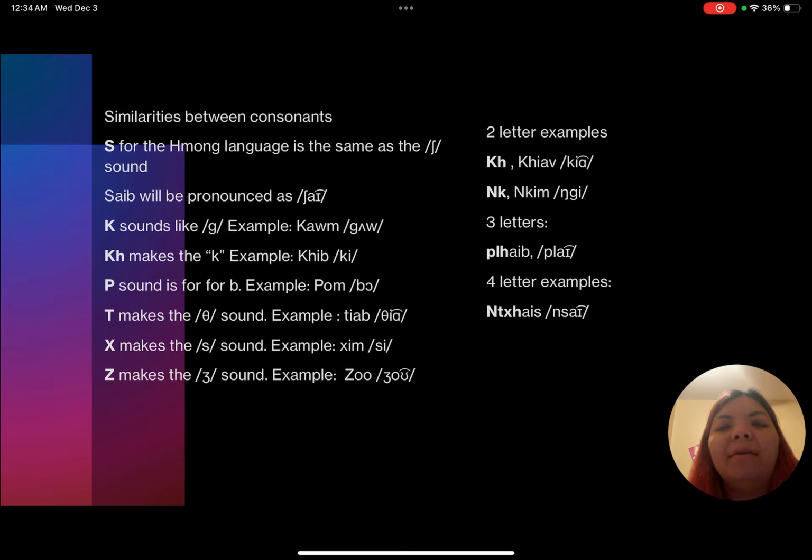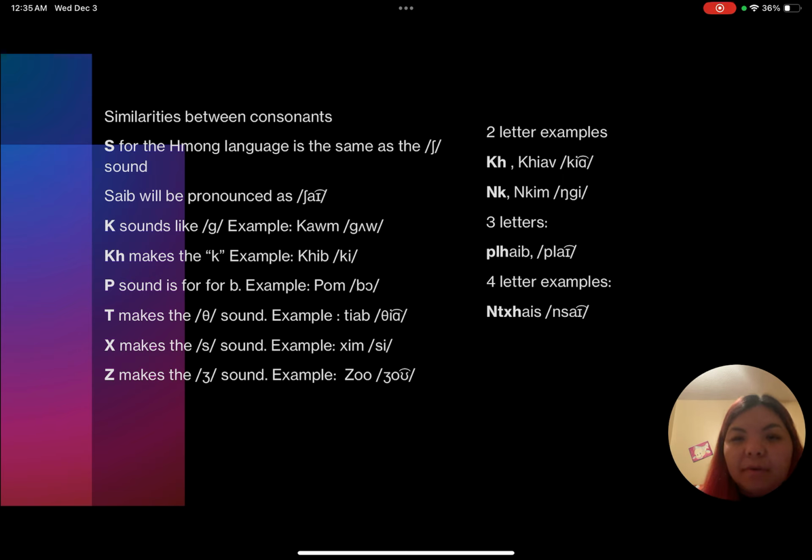Here's an example of my three-letter one, which is ply. PLH, you pronounce it, and I would say it's stressed because PLH makes the first part stressed. So the P is stressed. You have to say it that way because the B is there to give you the tone. Ply means ring, like a wedding ring.